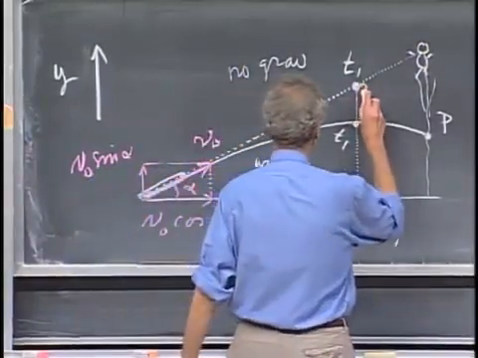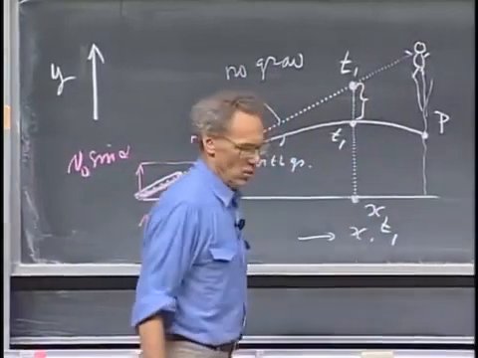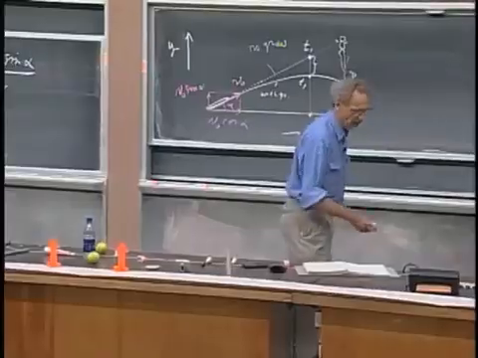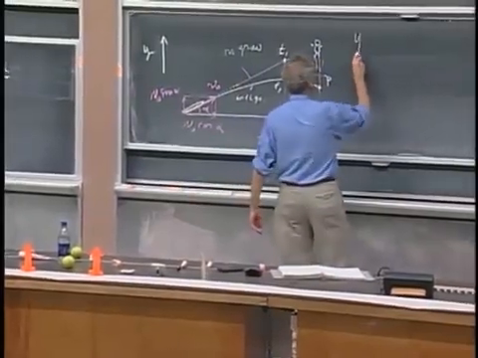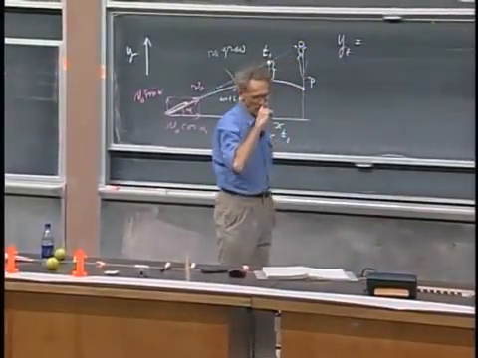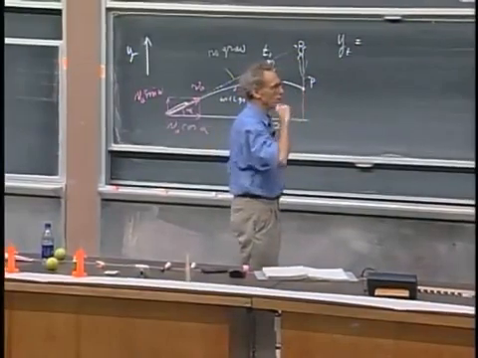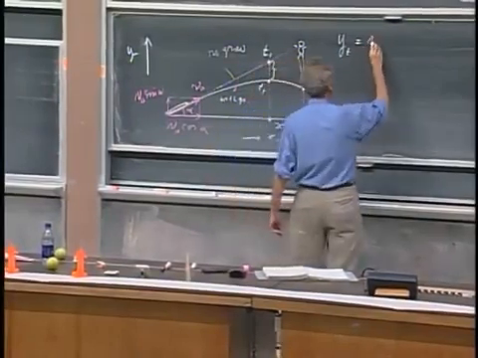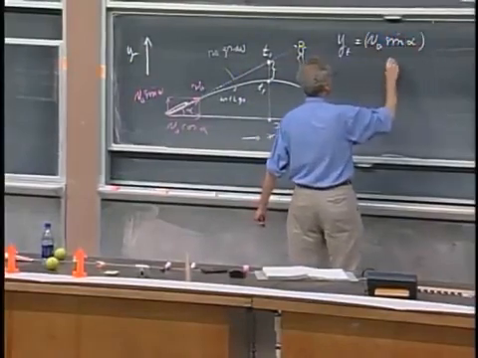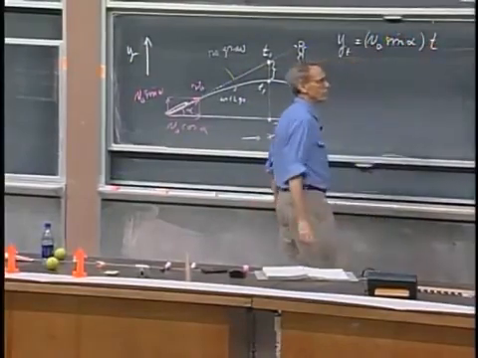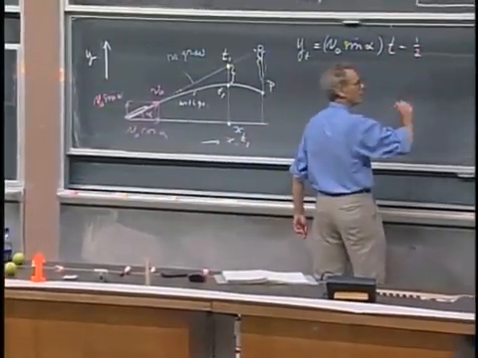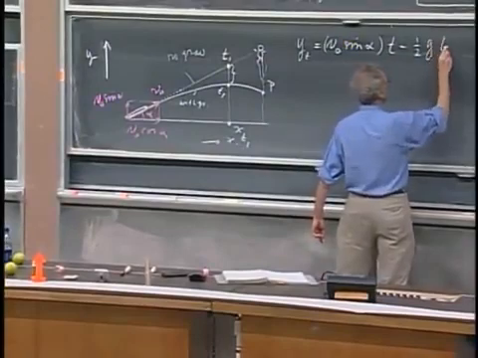What is this difference? Well, that is the difference between the equation with gravity and without gravity. And y, as a function of time, you can look at equation number 3 there, if you can still see it, equals v0y, which is v0 sine alpha, times t, minus 1/2 g t squared.